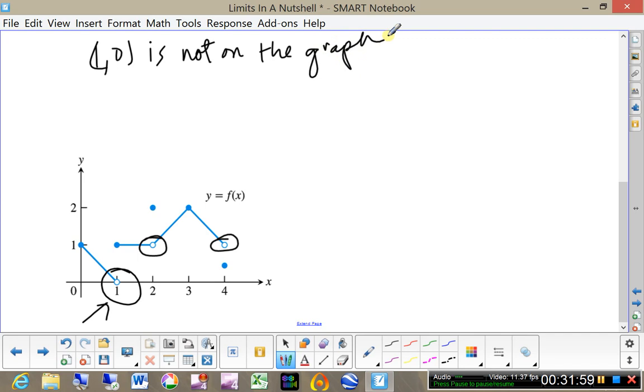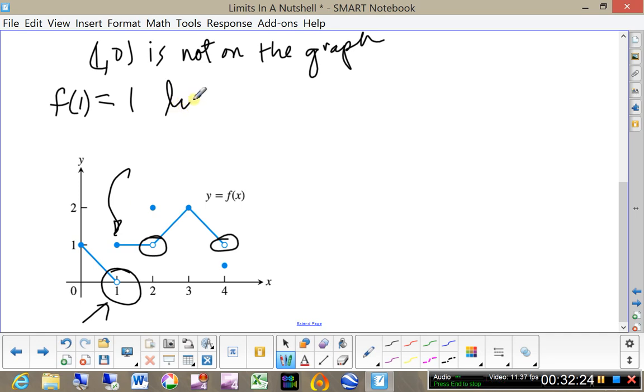Well, let's write down some things that we do know. First of all, f at 1 is equal to 1. That's because we see a heavy filled in dot there at 1 and 1.